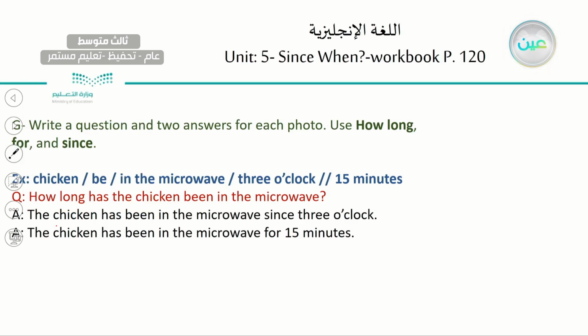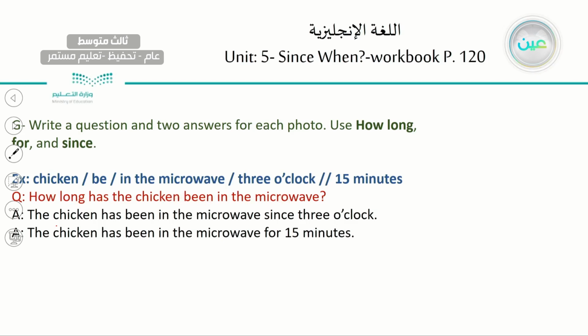He wants you to write a question using how long, and you use for and since for the answers. Okay, an example, we have chicken, in the microwave, 3 o'clock, 15 minutes. We have to form a question. The question is, how long has the chicken been in the microwave?